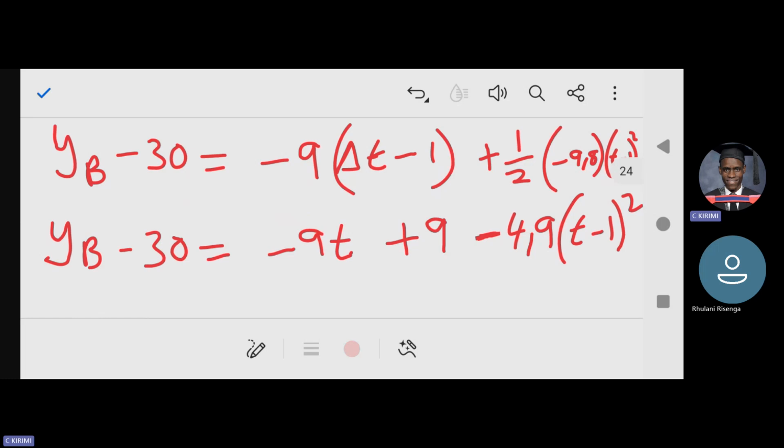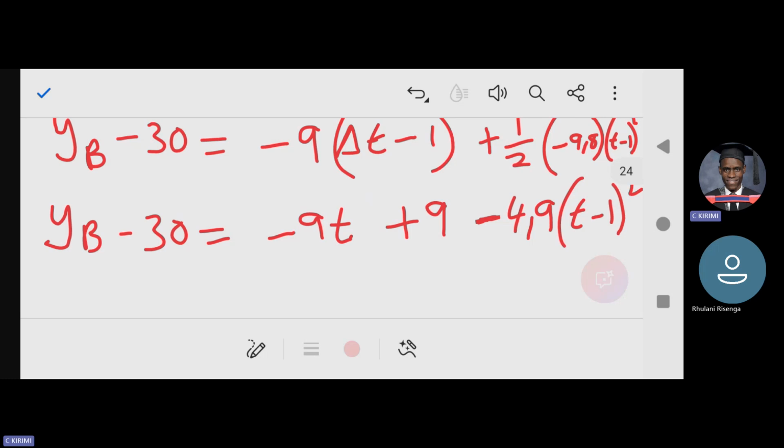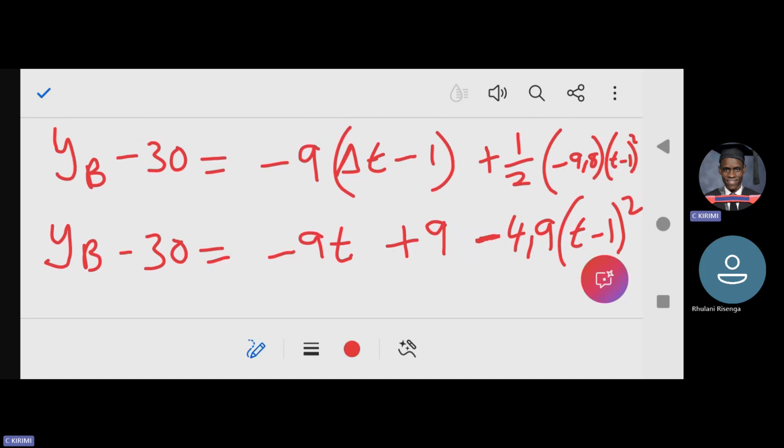So it's one bracket. We have not expanded that t squared. So yB minus 30 is equal to negative 9t plus 9 minus 4.9.